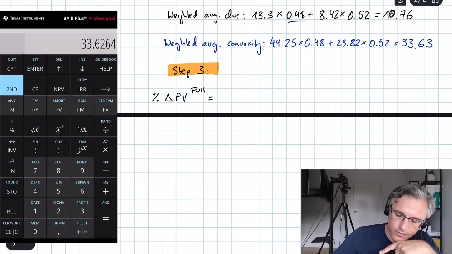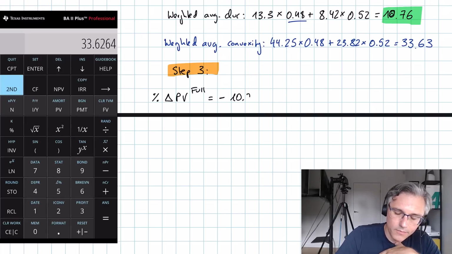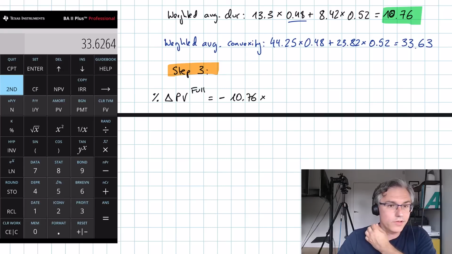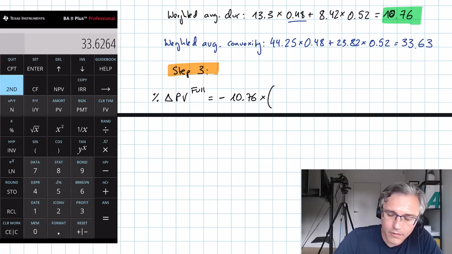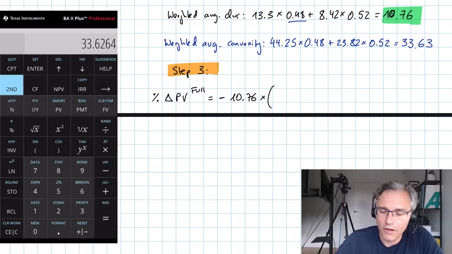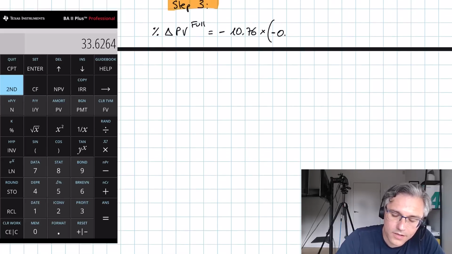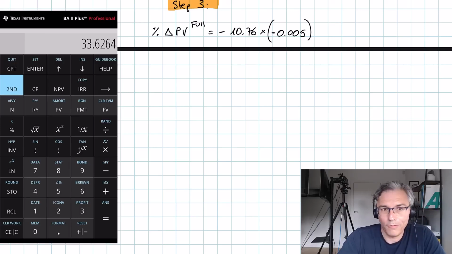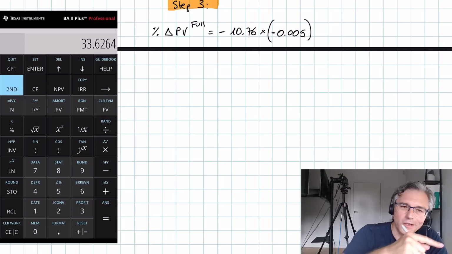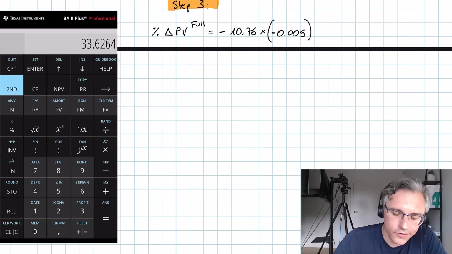So here I'm going to use the weighted average duration but make it negative, minus 10.76 times the prescribed change in yield, which was 50 basis points. Once again, be very careful about how you write this down in decimal format. 50 basis points, so 0.5%. It's a drop we're interested in. Okay, so minus 0.005. That's 50 basis points.